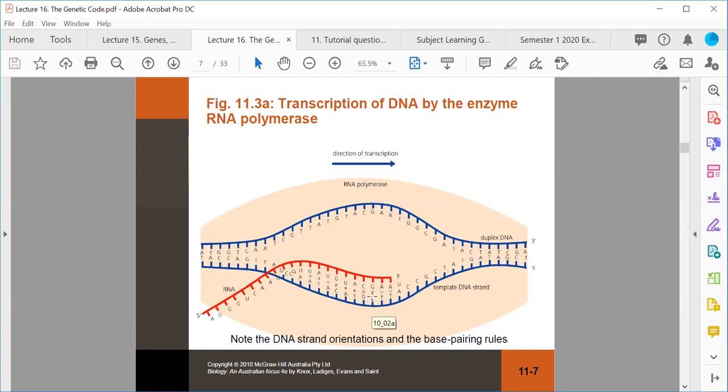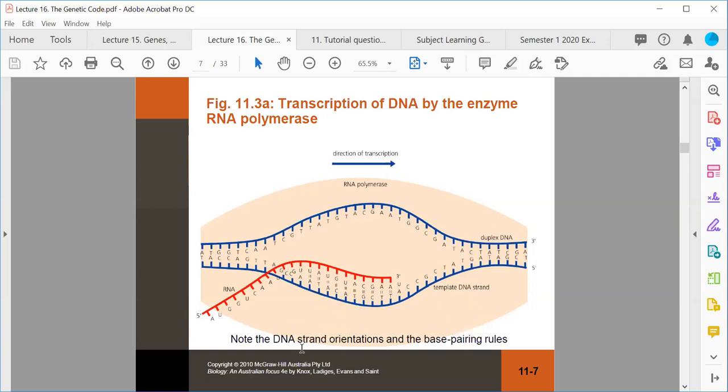Where there's a C in the DNA, there'll be a G in the RNA. But where there's an A in the DNA, there will be a U, a uracil in the RNA. So remember, that's the difference in the base pairing rules here between DNA and RNA.